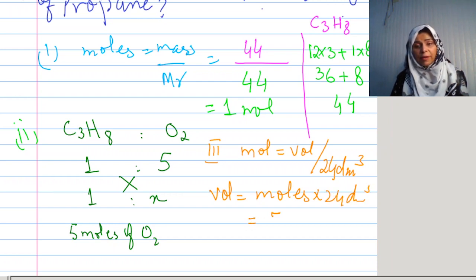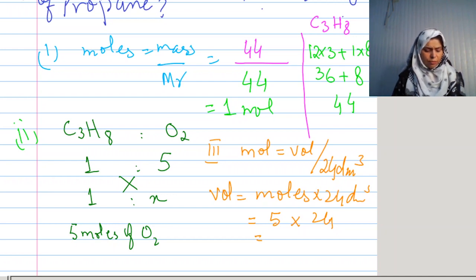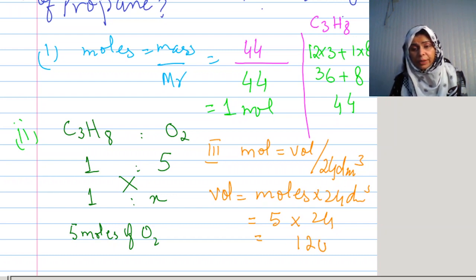Moles are 5, into 24, and using the calculator the answer is 120 decimeter cube.